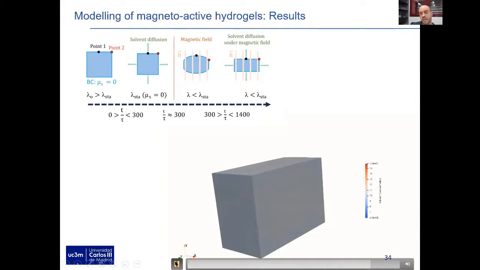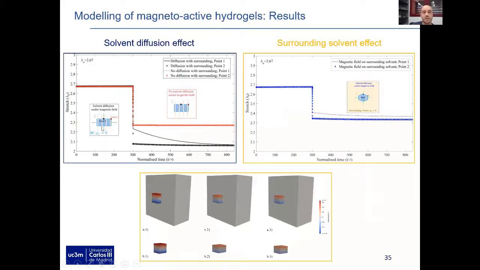Just to analyze this a little bit more, I decided to include here some analysis we performed. The first one is looking at the solvent diffusion effect. Here in red, we're assuming we have a given coating on the hydrogel, so we don't allow for solvent diffusion. What we can see is that we start from a given stretch, the initial state of the hydrogel with some concentration of solvent inside.